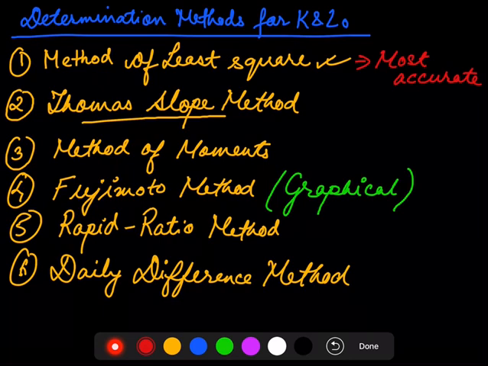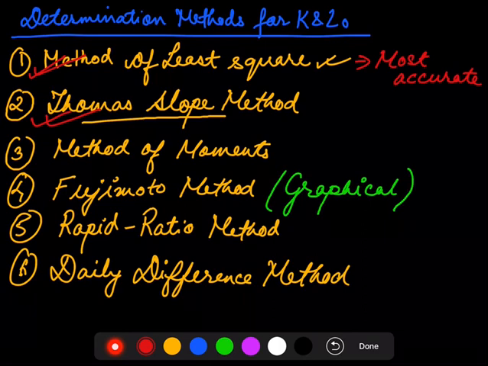But the most important methods which we will be discussing, which you need according to the syllabus, are the method of least squares and the Thomas slope method. You need not study all the methods. These two are the most accurate methods, so their analysis and understanding is very necessary as a civil engineer. We'll discuss these two methods, starting with the least squares method.